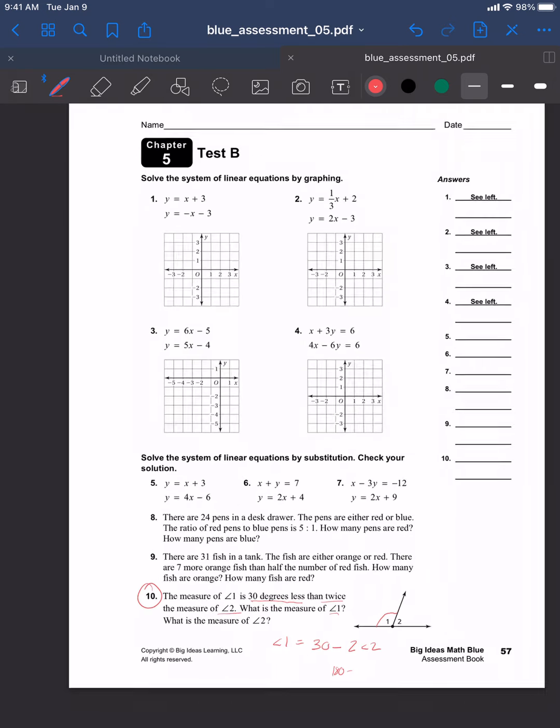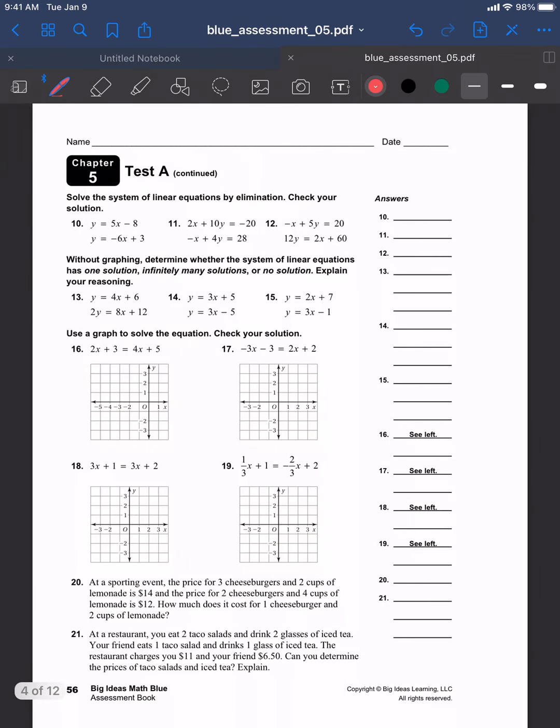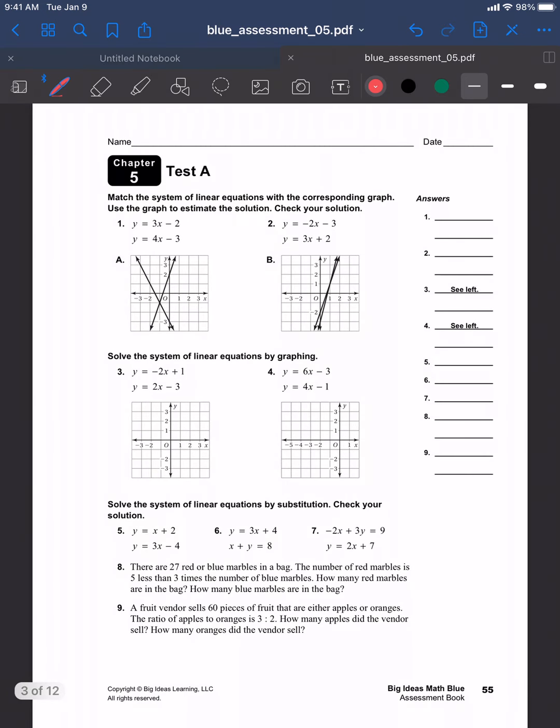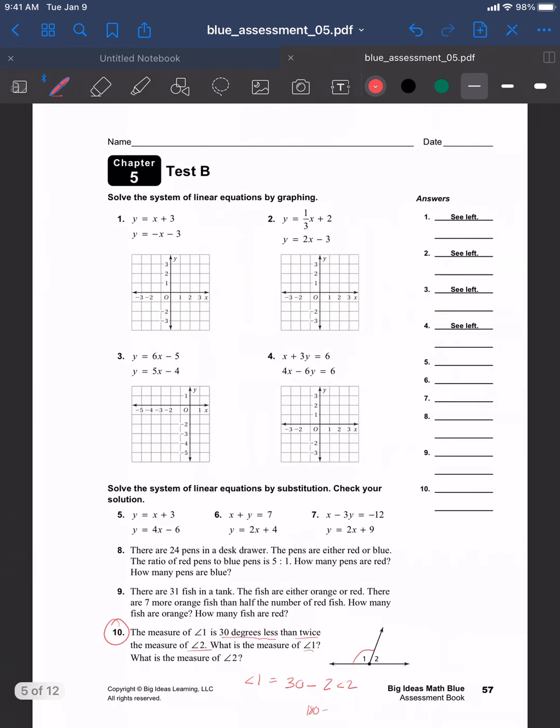Let me check your actual test and see what we got going on, because I don't want to waste our time too much on these. So 180 divided by 3, then divide that by 3. Because you have your 2. 180 divided by 3 would get you 3 perfectly same angles, right? And then you divide those. You don't know. That's okay.